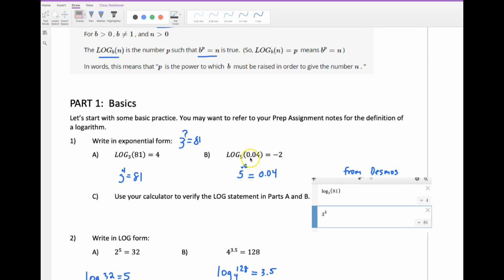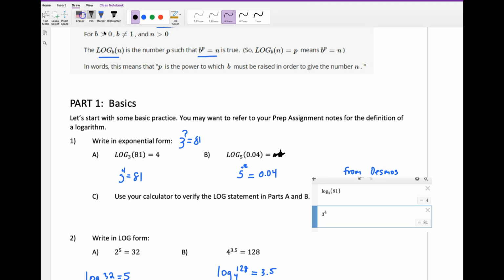Here, 5 raised to negative 2, or 5 raised to, what's really going on here, let me cover this up. Let's pretend we don't see the answer there. And we say 5 raised to some number equals 0.04. And so in this case, that answer is negative 2.